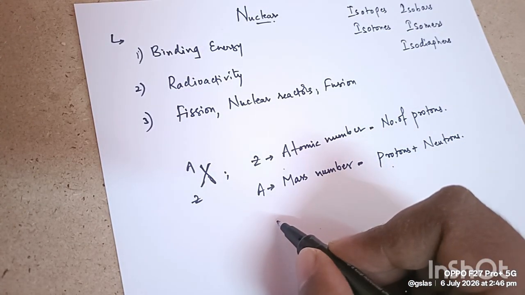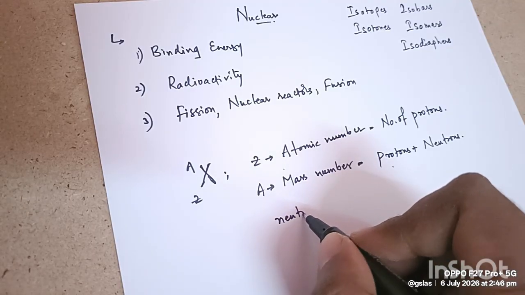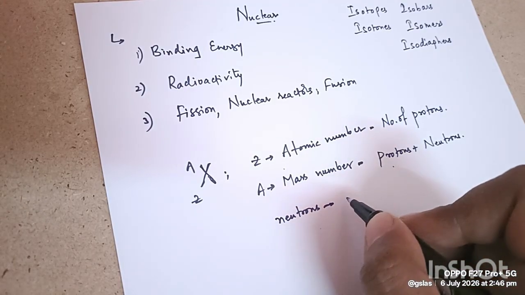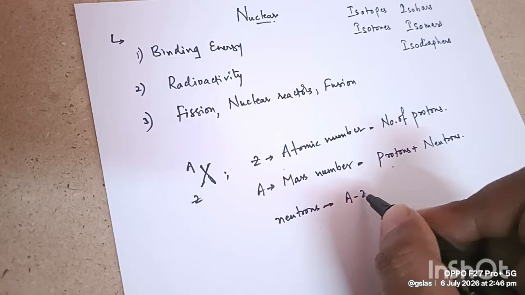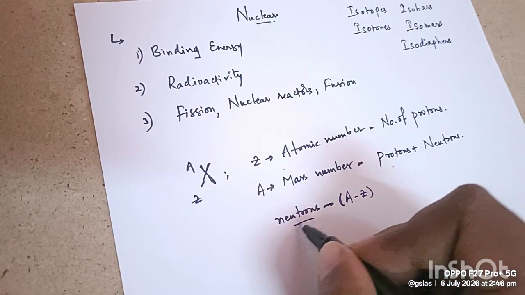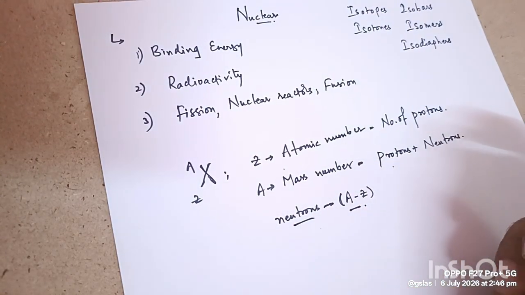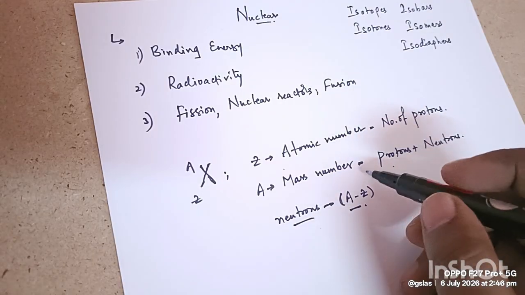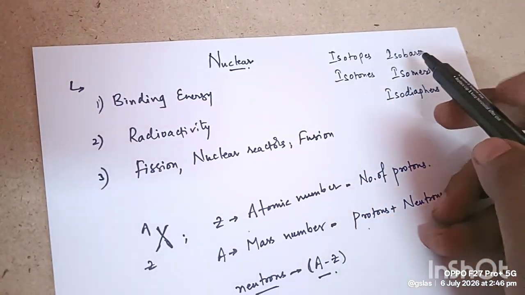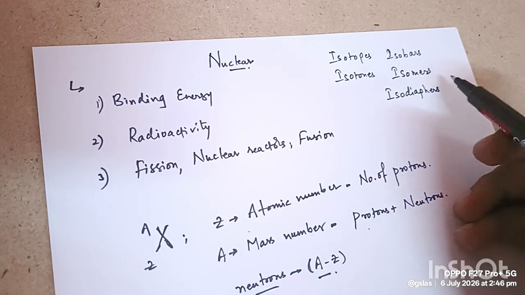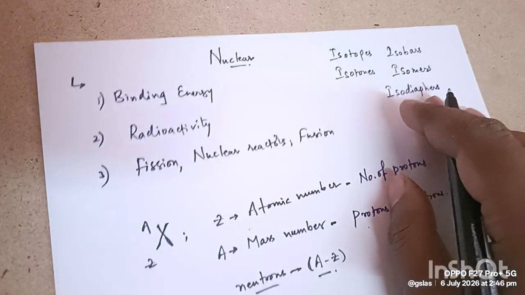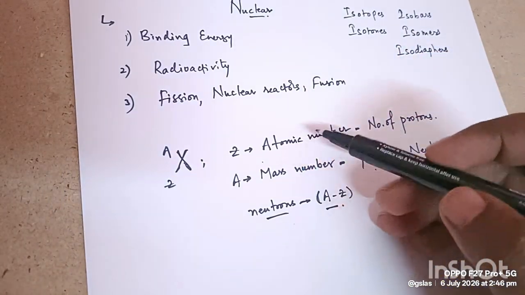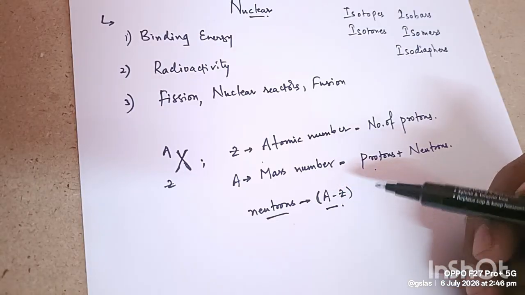And so number of neutrons we can obtain from A minus Z. So A minus Z is number of neutrons, and based on these things we define isotopes, isobars, isotones, isomers, isodiaphers, etc. So same A, same Z, same A minus Z.